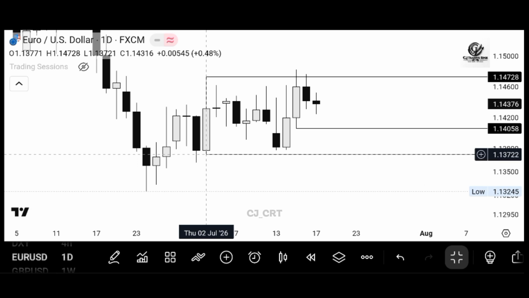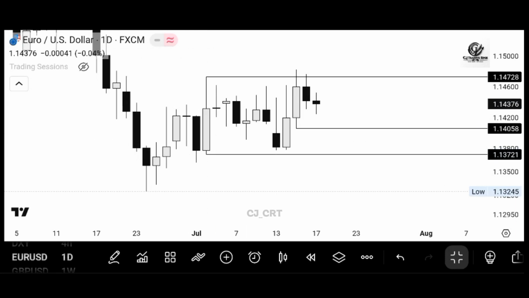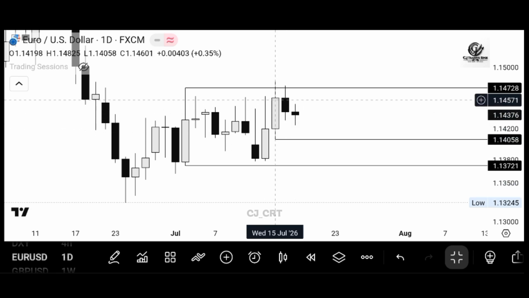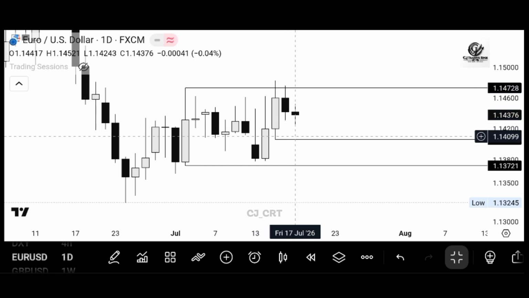If it doesn't, then it's fine. Any 4-hour CRT you're looking for while this journey to the low of the daily CRT happens should be a bearish 4-hour CRT, while in the GBP AUD, it's a bullish 4-hour CRT.